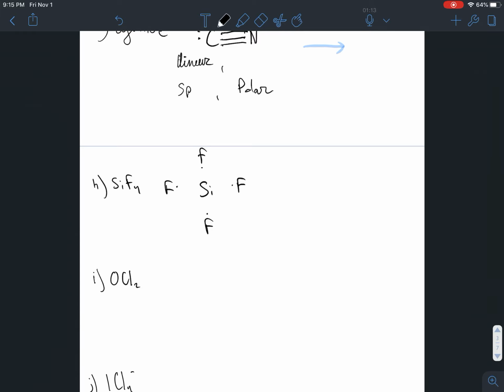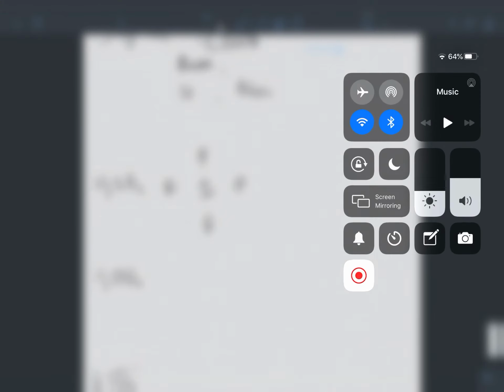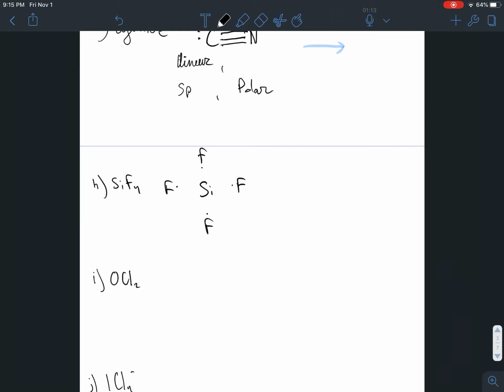Silicon is right under carbon in the periodic table, right? It is. Okay, sorry. And there's 4 electrons there. So let's just, maybe it's the most simple answer.